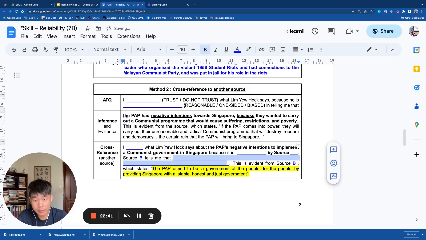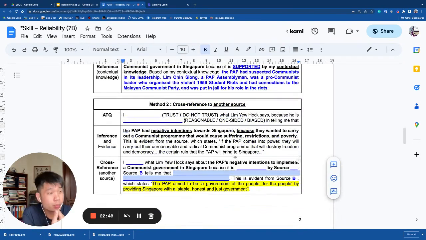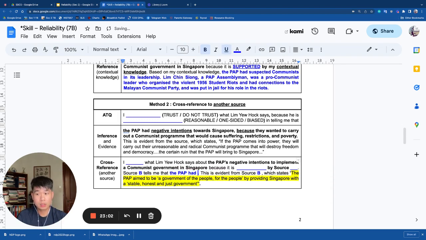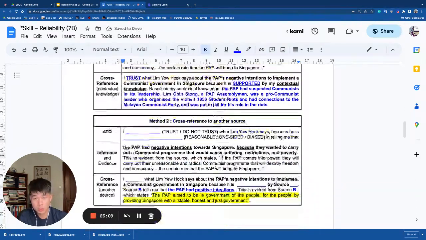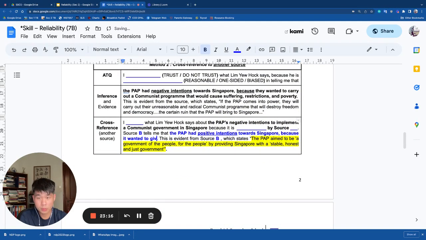Well, in fact, source B tells me, using the same focus of the PAP's intentions, that the PAP had positive intentions towards Singapore because it wanted to give Singapore, the locals, an effective and fair leadership to improve their lives.